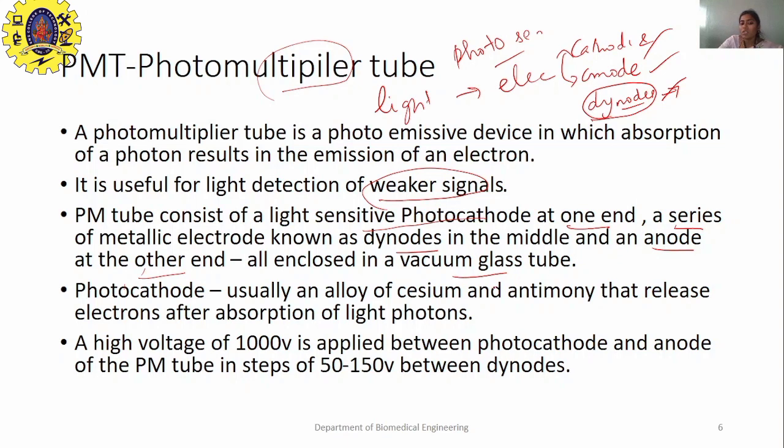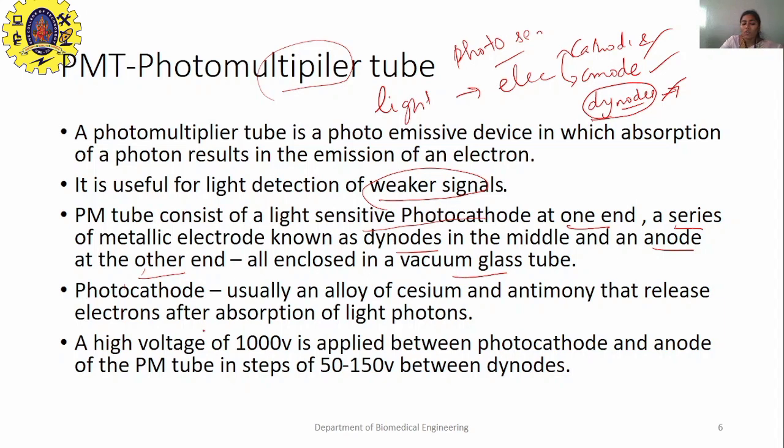It is always enclosed in a vacuum glass tube because here we are dealing with electrons and photons, right? If any gas atoms are present inside, they always disturb the whole process. So it is very important to create a vacuum inside the tube, so that the whole process goes smoothly without any disturbance.